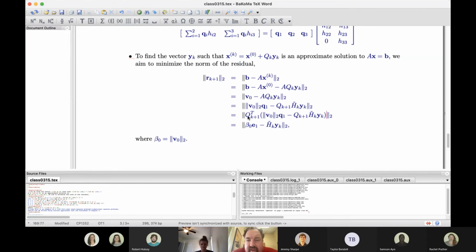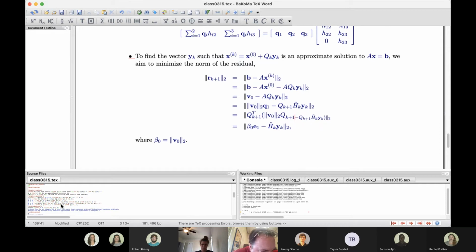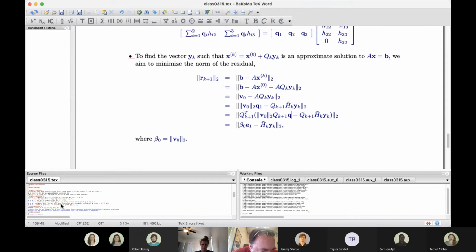Well, Q1 is the first column of Qk plus 1. So Q1 I could rewrite as capital Q, k plus 1, e1. e1 is what you multiply by to get the first column.